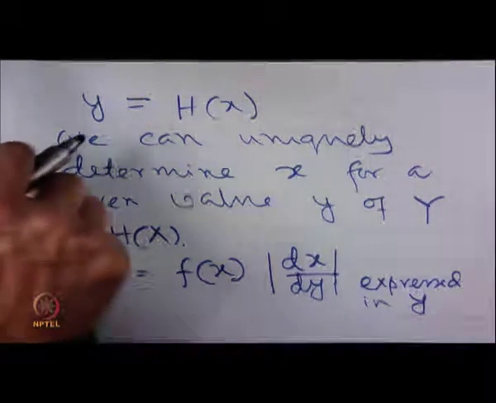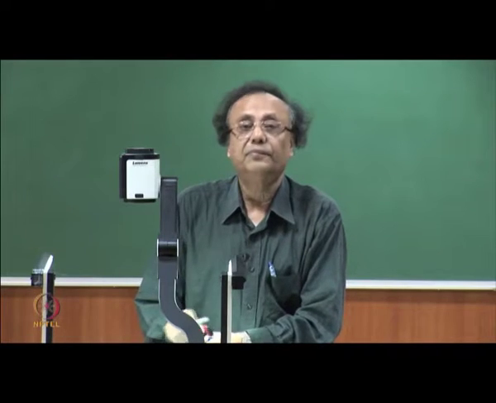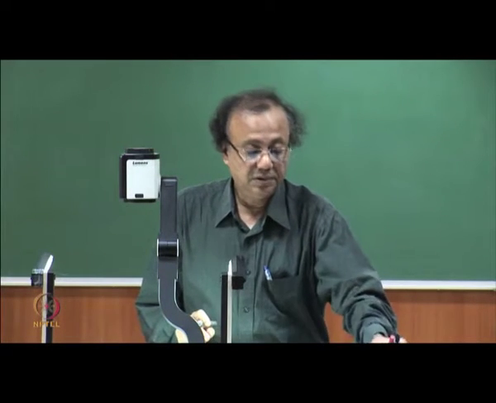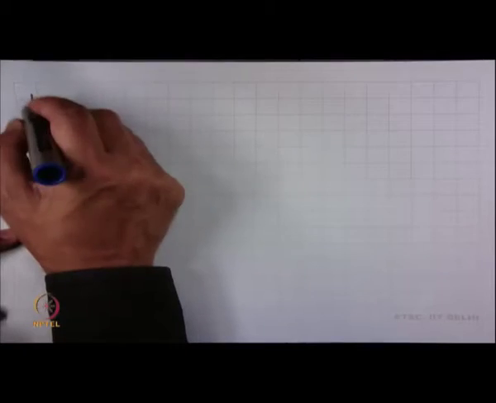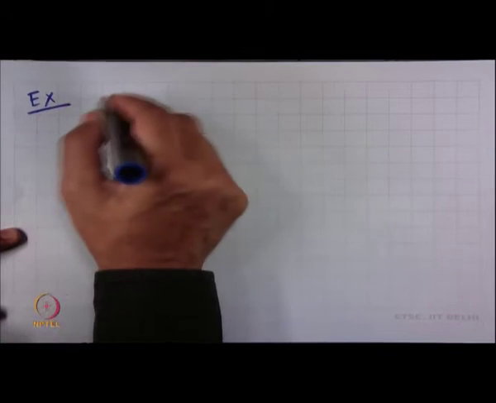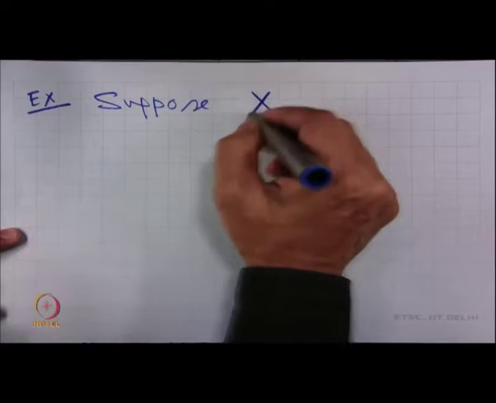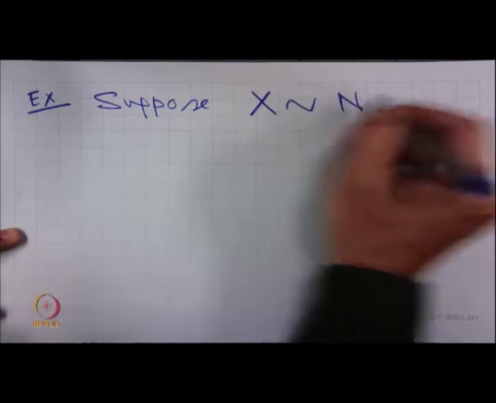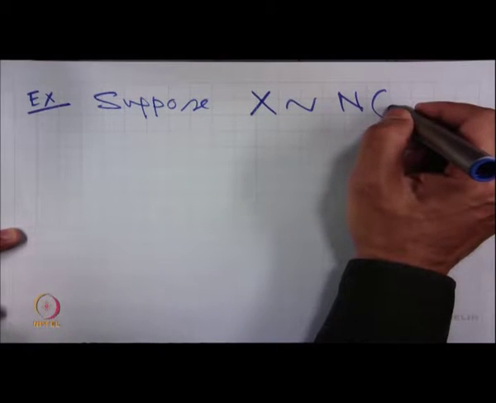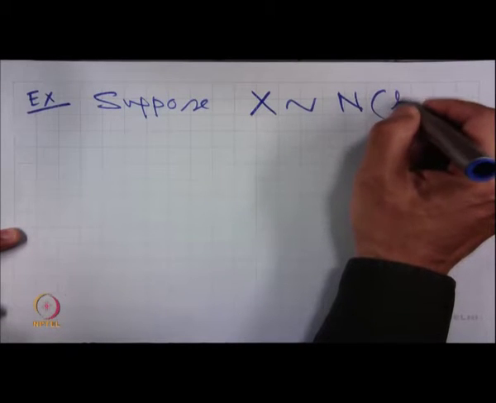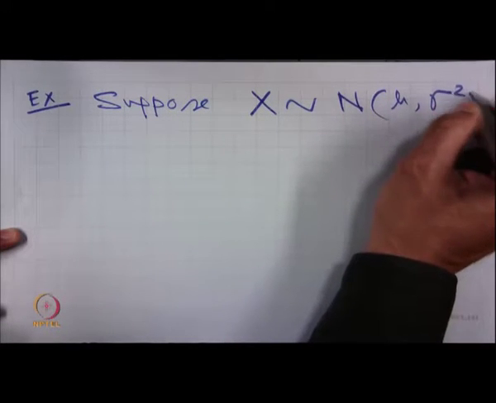So, with that result, let us now look at some problems. Suppose x is a normal variate with mu and sigma square.